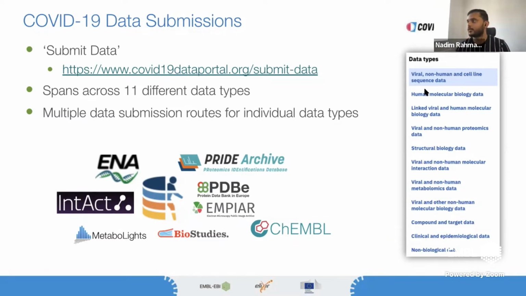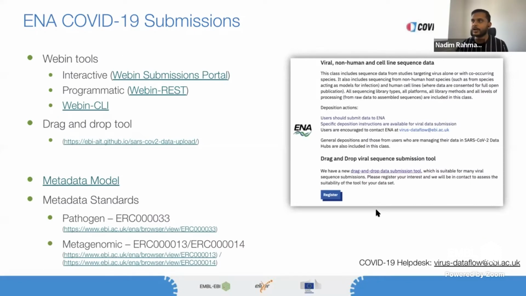So as you can see, there's quite a number of different types of data, and so instructions may vary depending on that. But just to give you an idea, I thought I'll talk about how to share sequence data at the European Nucleotide Archive, or the ENA, as I'm closely affiliated with it.